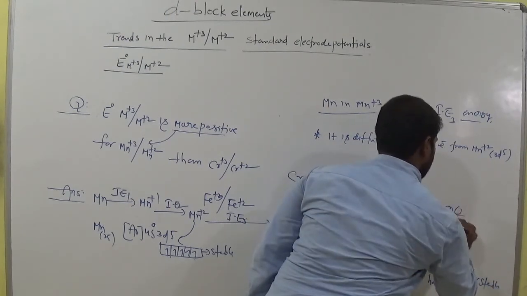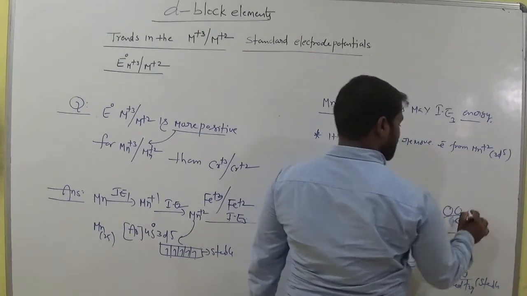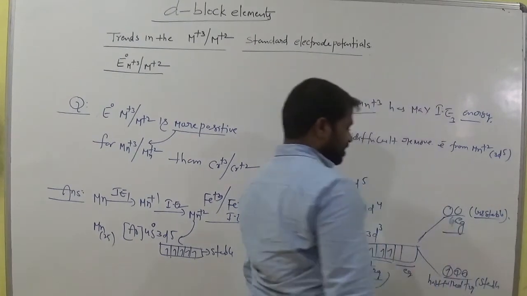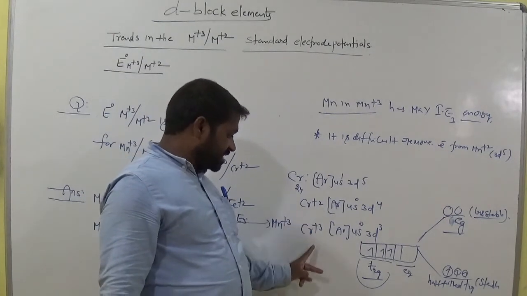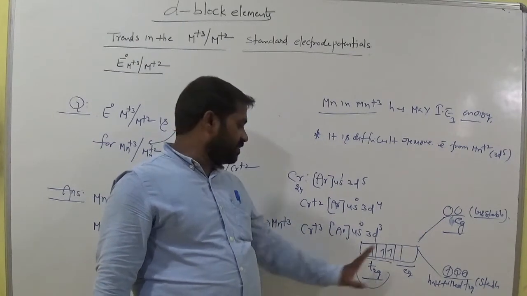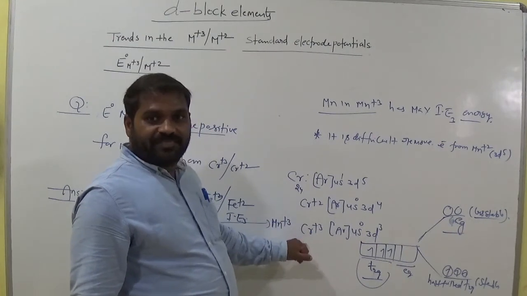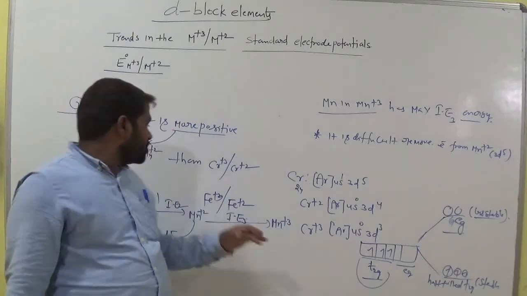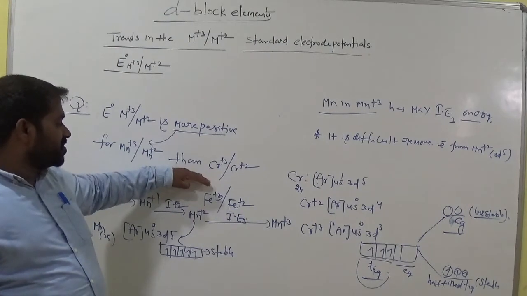What about the eg orbitals? They have no electrons, but are less stable, with more energy. Clear? Chromium+3 exists because the 3d3 configuration in the t2g orbital is stable. So chromium+2 can exist as chromium+3, that means chromium+2 is ready to lose an electron for stability. So it has low standard electrode potential values.